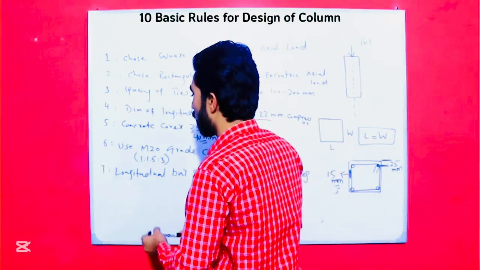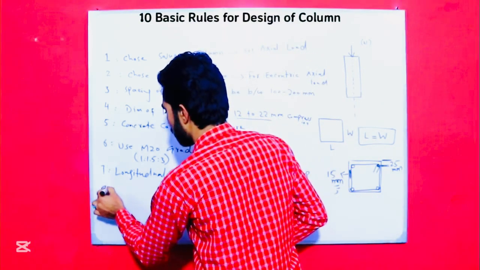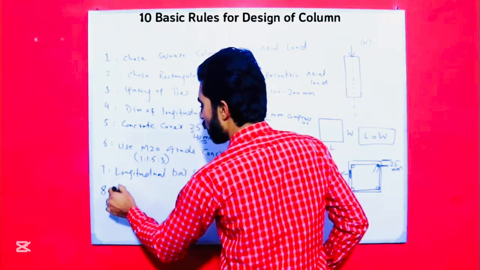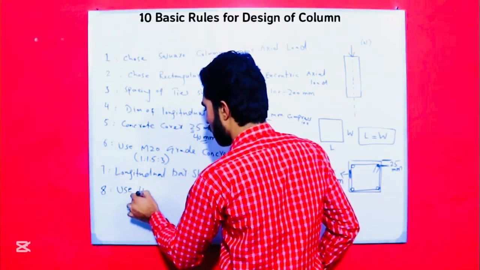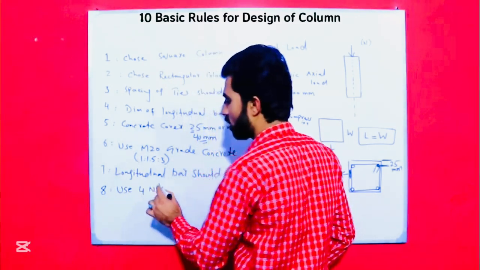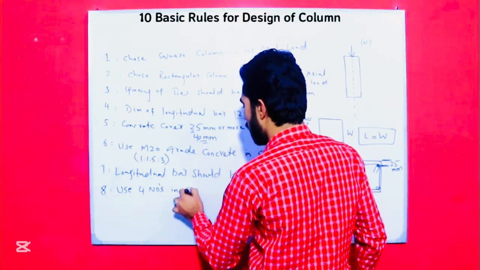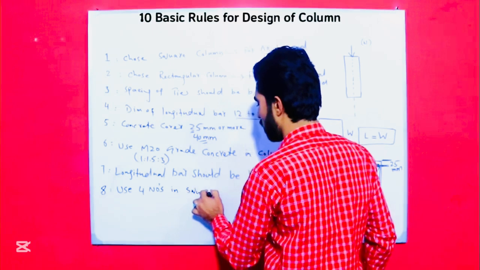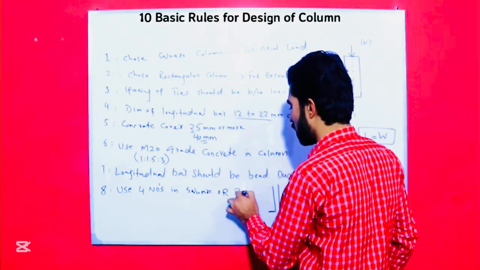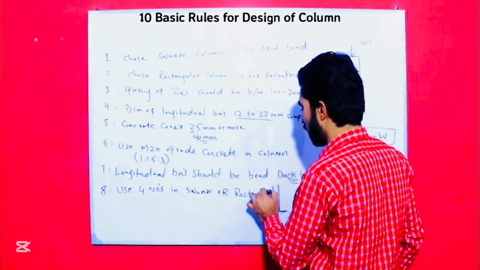Now guys, the eighth one is to use 4 numbers of steel bars in square or rectangular column.